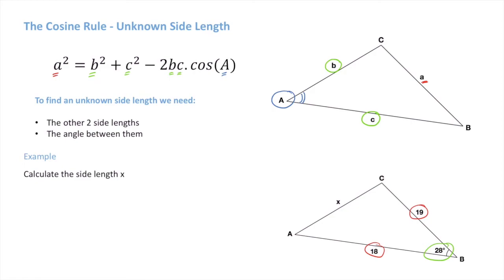This means that we can use the cosine rule, and we can go right ahead and say that x squared equals 18 squared plus 19 squared minus 2 times 18 times 19 times cosine of the angle between those two side lengths. That's cosine of 28.